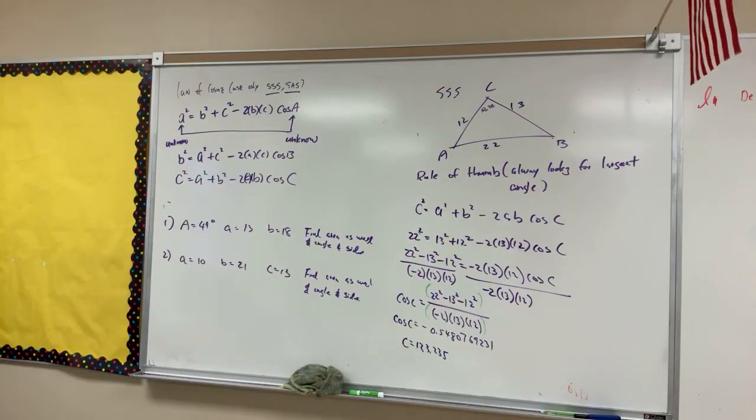Law of cosine is up to you. But if it's obtuse, we can't use sine. We have to use law of cosine because it's obtuse. Yes, we have to use law of cosine.